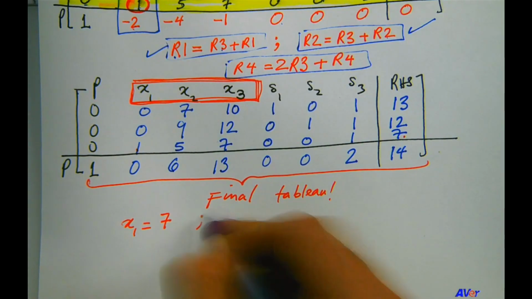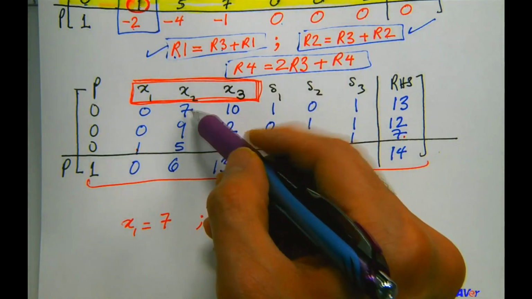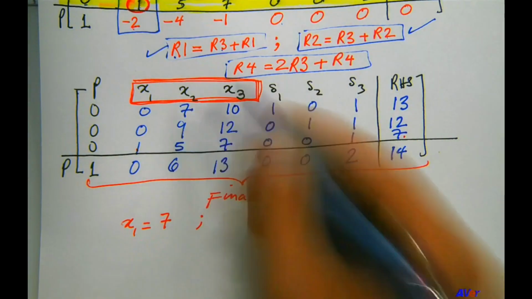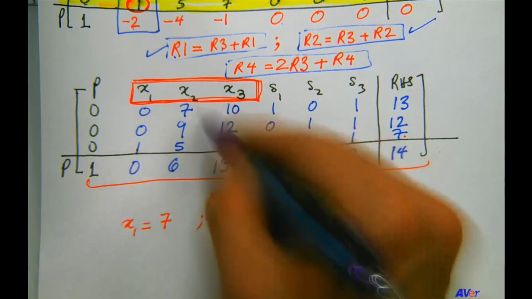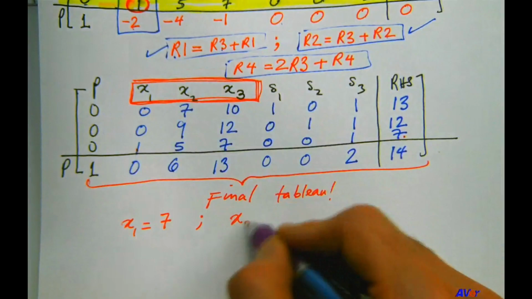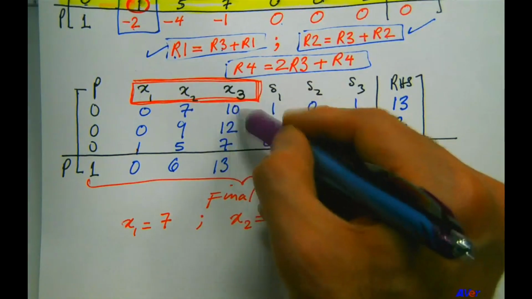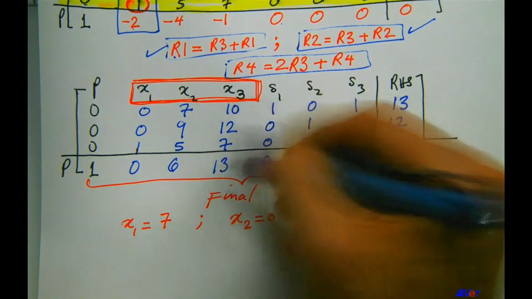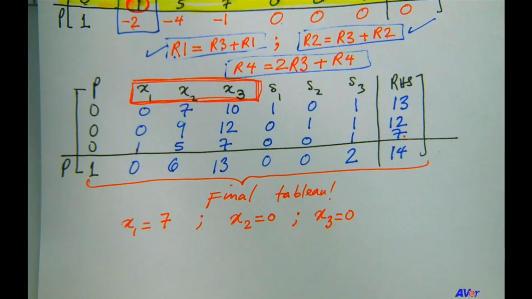Okay? For x2, look at all these numbers. They're all over the place, right? 7, 9, 5, 6. So when those numbers are not zeros and a 1, then the value of that variable is 0. For x3, the same scenario, 10, 12, 7, 13. They're all over the place. So the value of x3 is automatically 0.